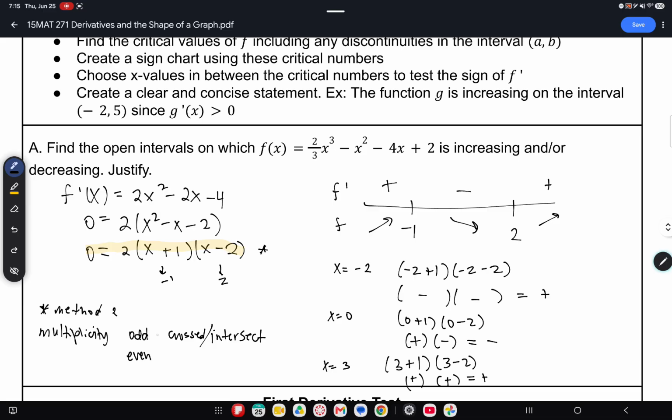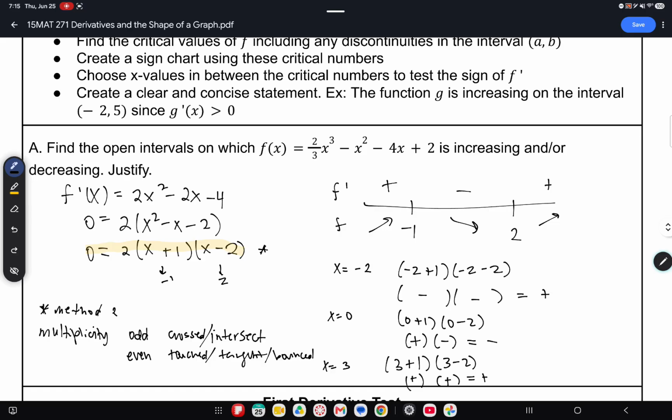And if the multiplicity was even, it just touched the x-axis or was tangent to it, or I've heard it called bounced. So the zeros I have in this derivative here have a multiplicity that's odd, right? There's only one negative 1, and there's only one 2. So I know that at these critical points, they're intersecting the x-axis, which means if the left is positive, the right has to be negative because it's switching signs, because it's crossing that axis.